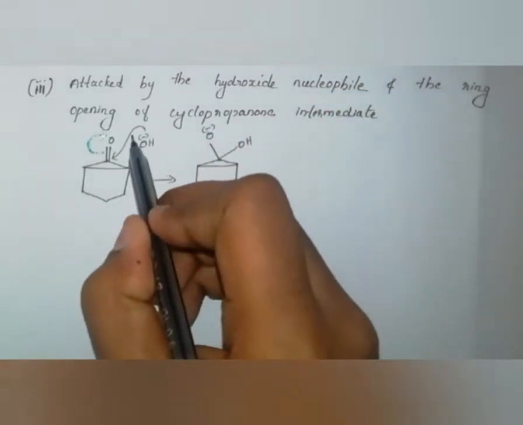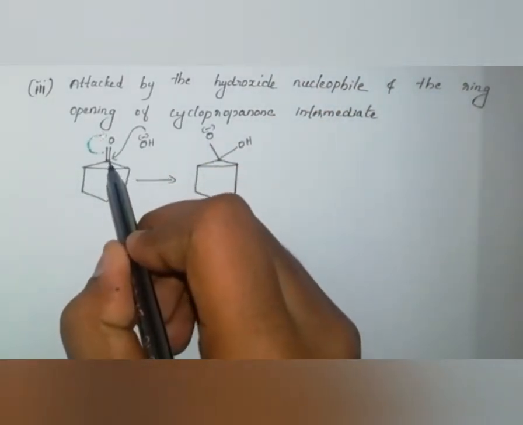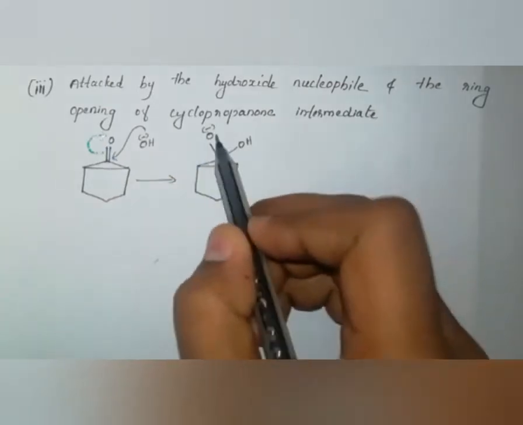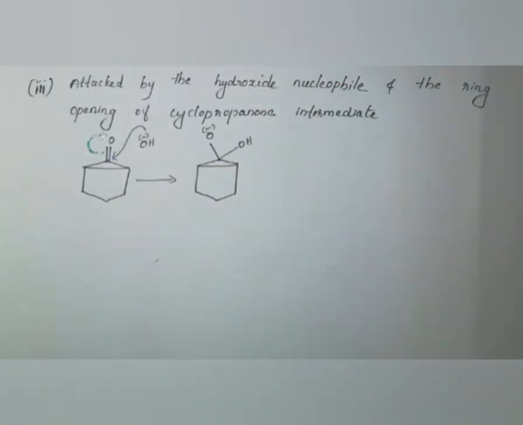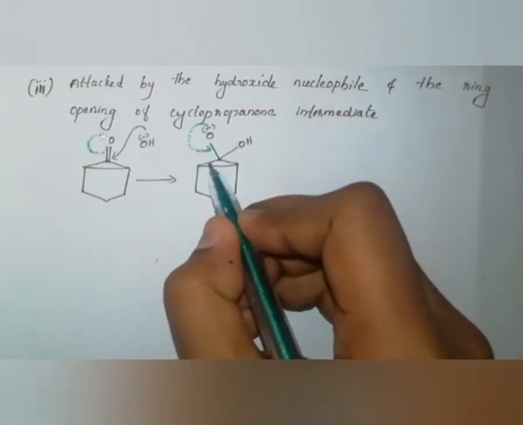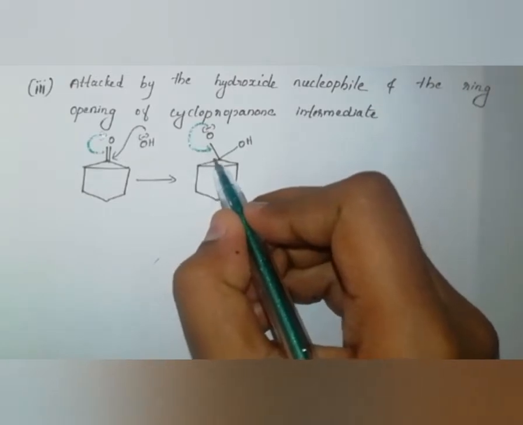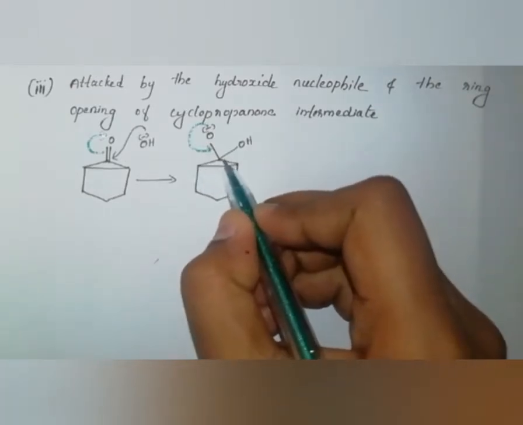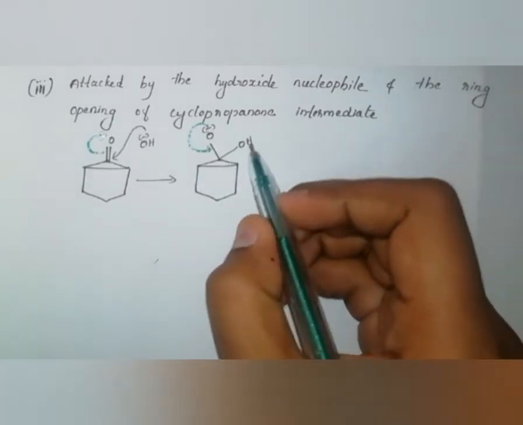After the hydroxide nucleophile attacks the carbonyl carbon, this bond gets shifted, and after this the lone pair is again shifted back to this side, then either this or this bond gets shifted.